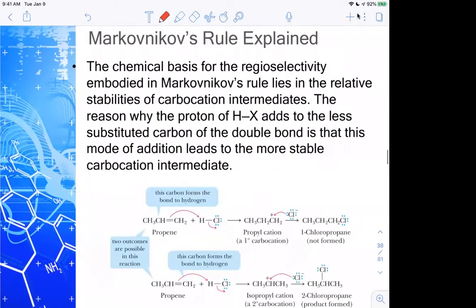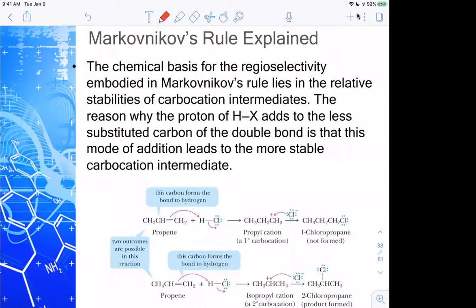So let's look at this in terms of the reaction mechanism for the hydrohalogenation. This actually explains Markovnikov's rule. If I can understand the chemical basis, I can understand these reaction mechanisms, and I don't have to memorize Markovnikov's rule. Markovnikov's rule makes sense.